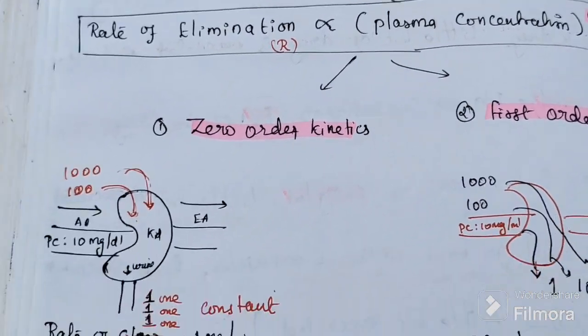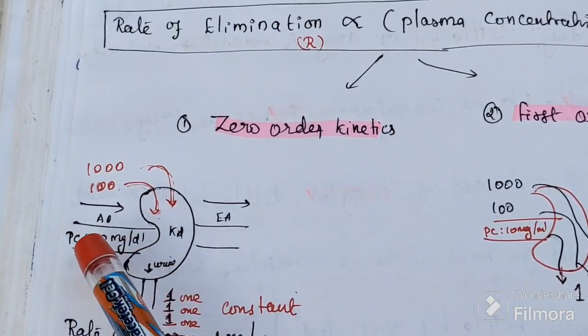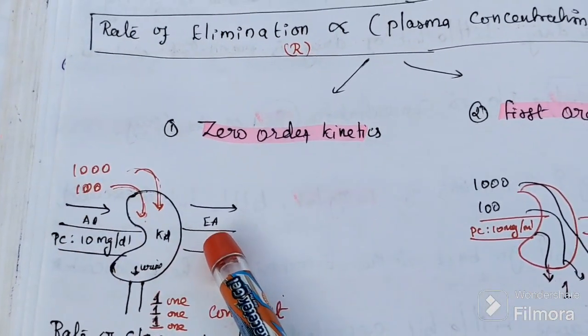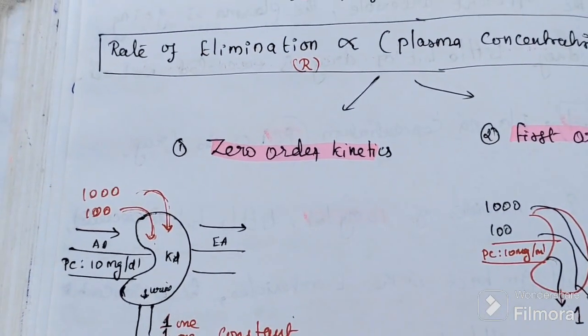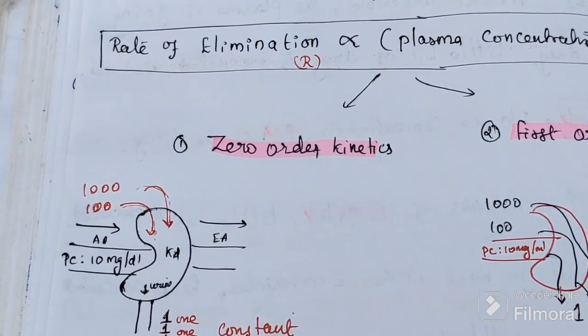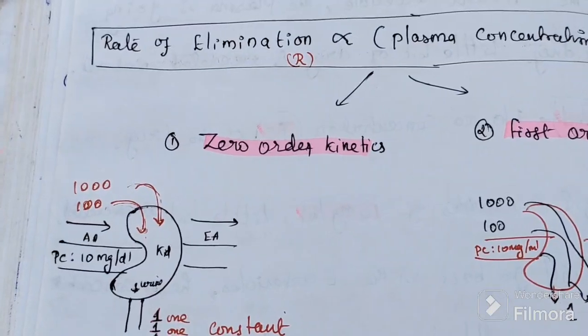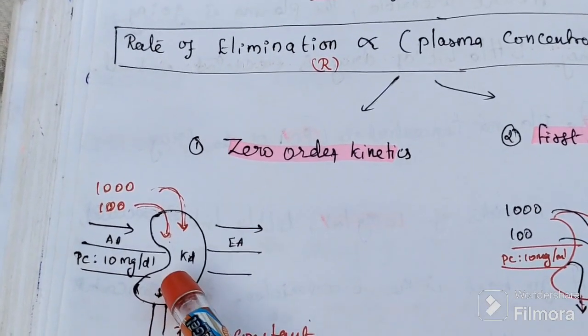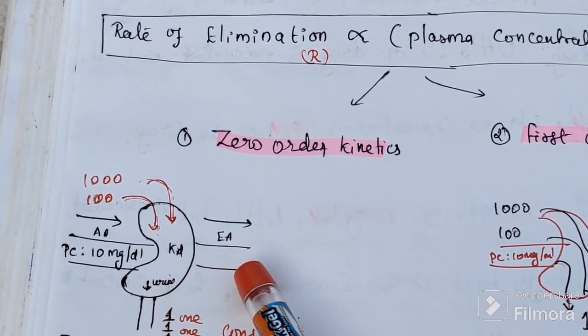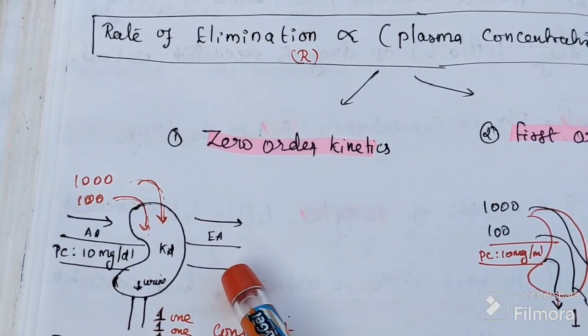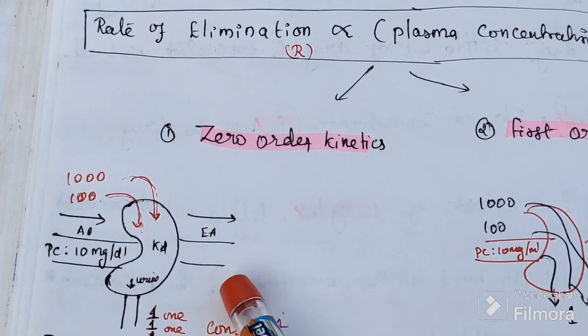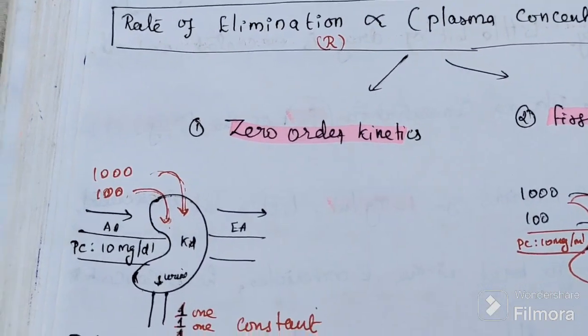You can see this is the kidney. This is the afferent arteriole, where the blood is entering the kidney, and this is the efferent arteriole, where the blood is coming out of the kidney.